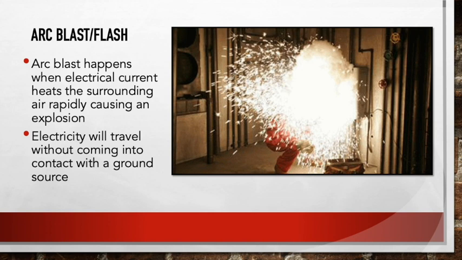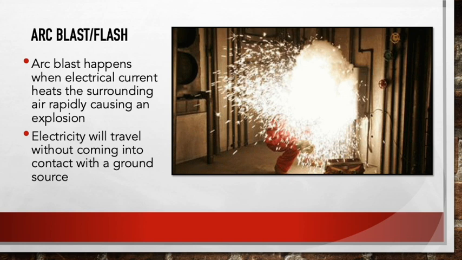So an arc flash, as I mentioned, essentially happens when electrical current heats the surrounding air, rapidly causing an explosion. The oxygen in the air is not typically flammable unless the temperature gets to a certain degree. Arc flash reaches that temperature, heats the oxygen in the air, and the air itself becomes flammable. That is obviously a problem if you're in the near area, because the heat signature on that is intense.